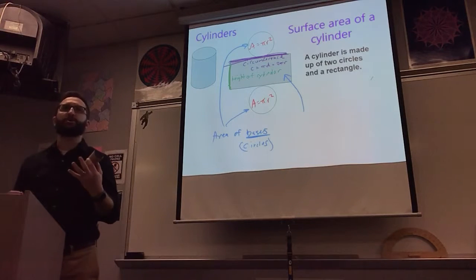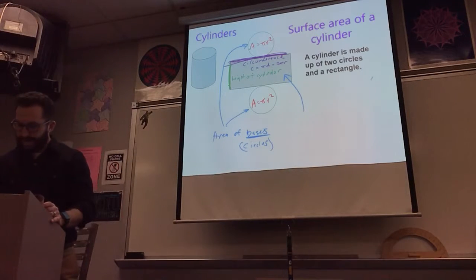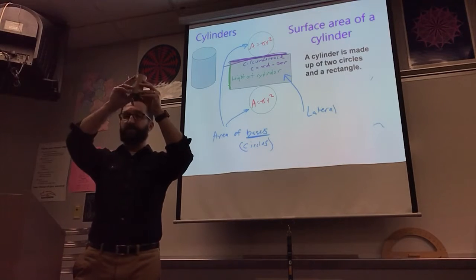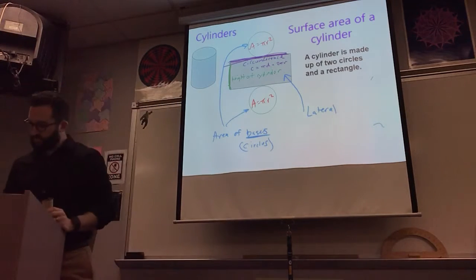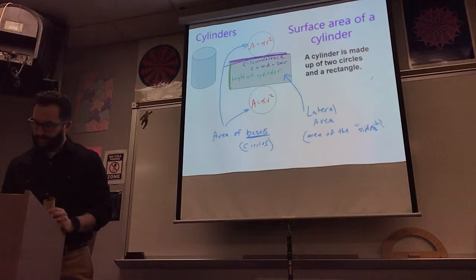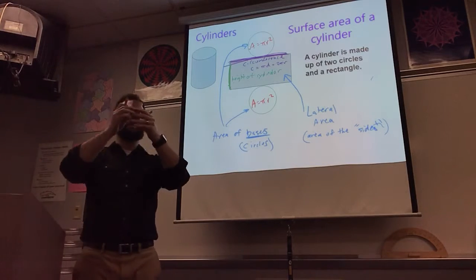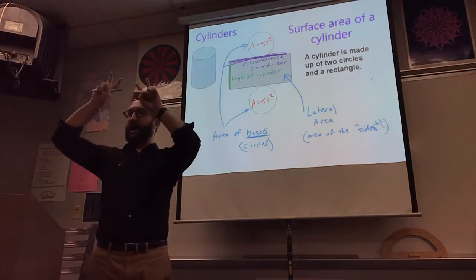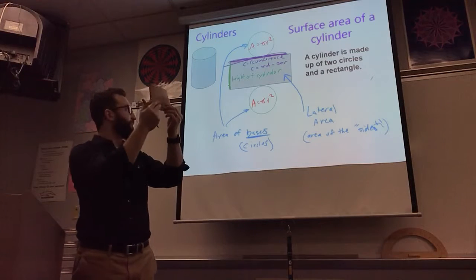That's why we need to know this term. The lateral area is the area of the stuff that's not the base. We would call that the area of, in quotes, the sides. It's not actually a side. You've got the bases, and then you have the sides. That's your lateral area.